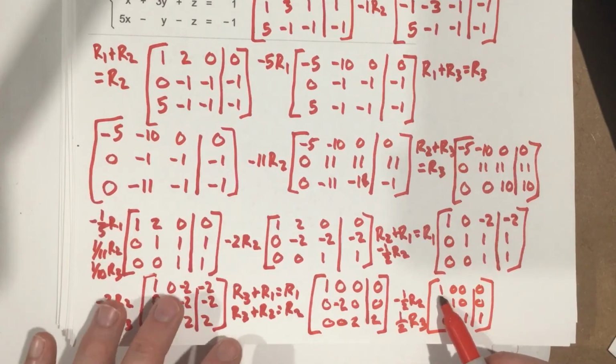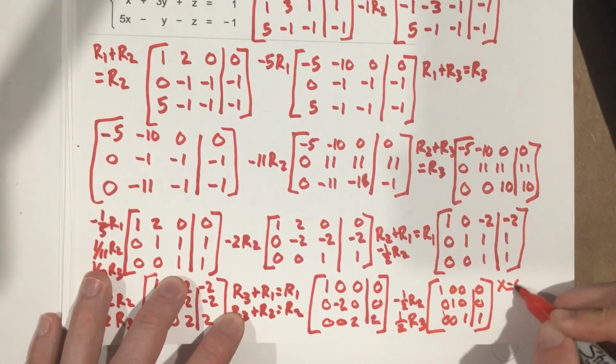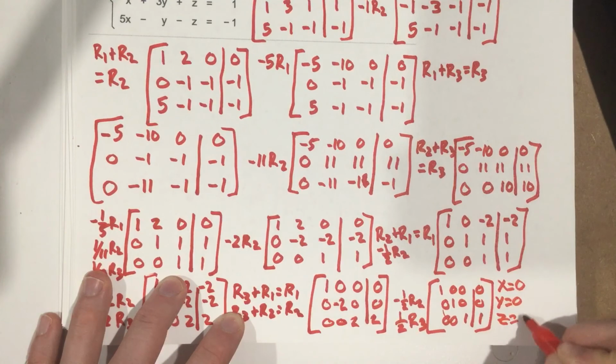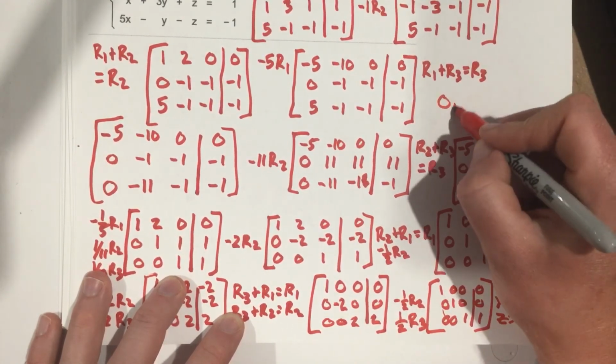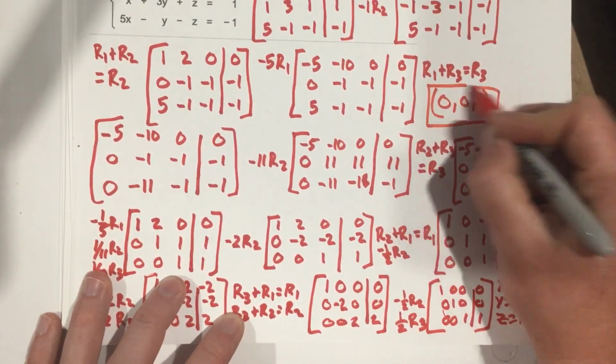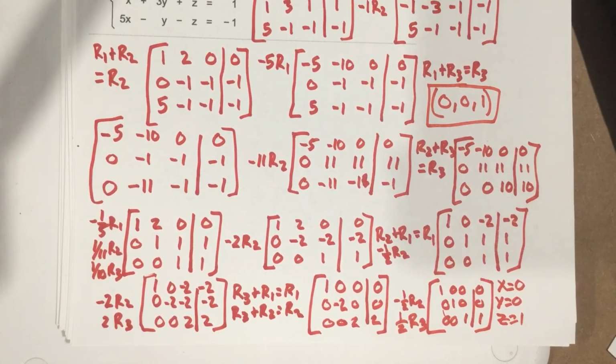That tells us x is 0, y is 0, and z is 1. So our ordered triple that we get from this is 0, 0, 1, and that's the solution. I hope that makes sense.